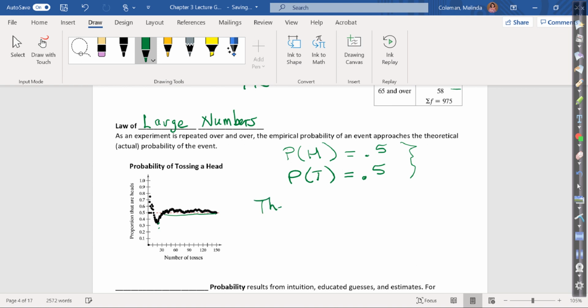Basically, it says the more the experiment is done, the closer the probabilities become.